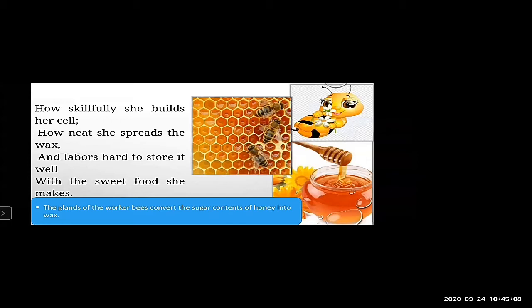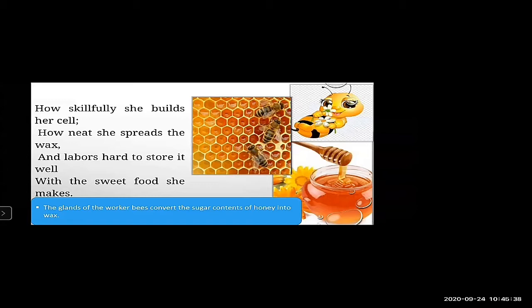When they feel that somebody is attacking their hive, they attack the person and they sting it to make the person go away from their hive. In this way, they protect their hive from other insects as well as from other people.